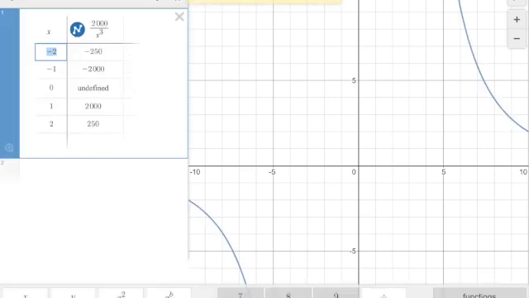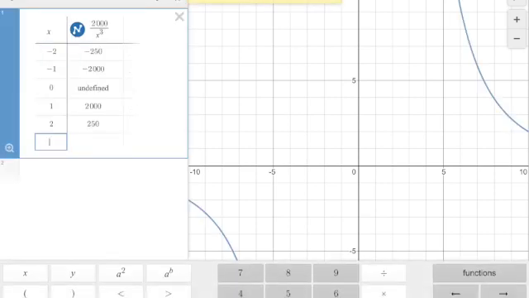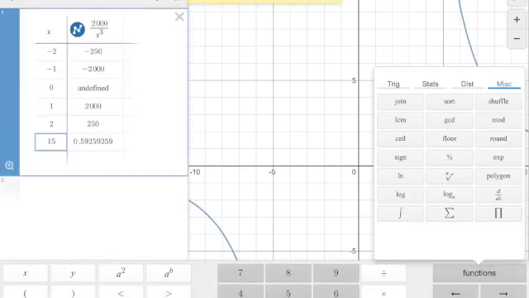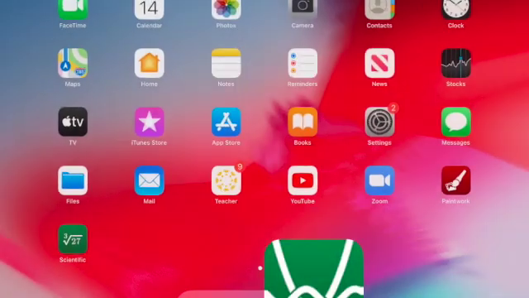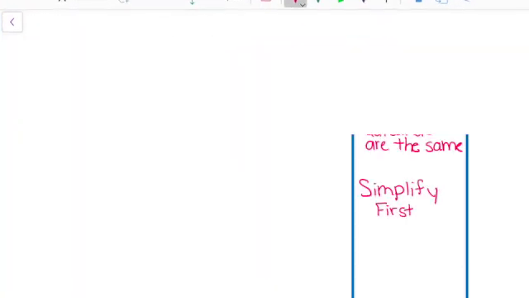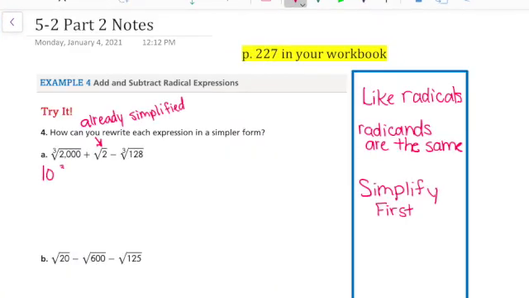I'm going to look at the table. I might start something way high. All right, that is too high. All right, so I get 10 and 2. So 10 cube root of 2 plus square root of 2.